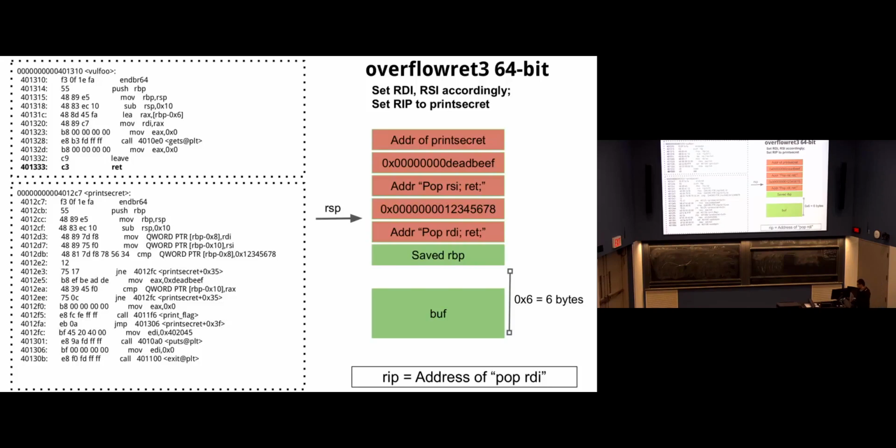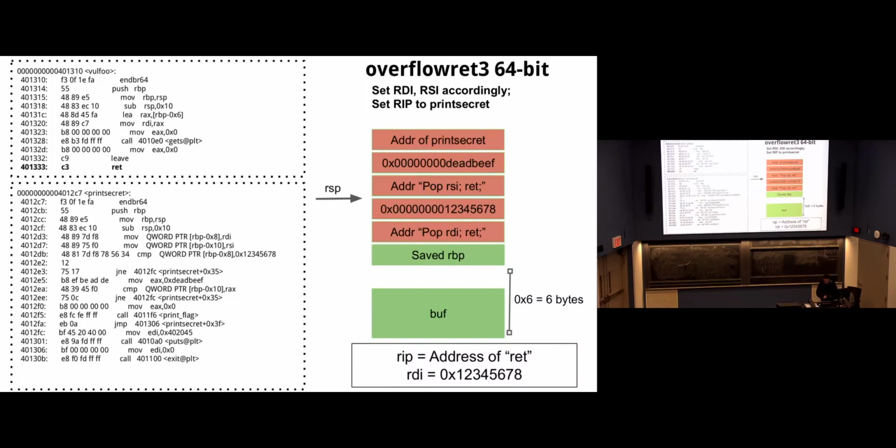Now, after we execute the pop RDI, what is the next instruction to execute? That's a return, because after pop RDI, we have the return instruction. The return instruction will pop whatever RSP points to into RIP.